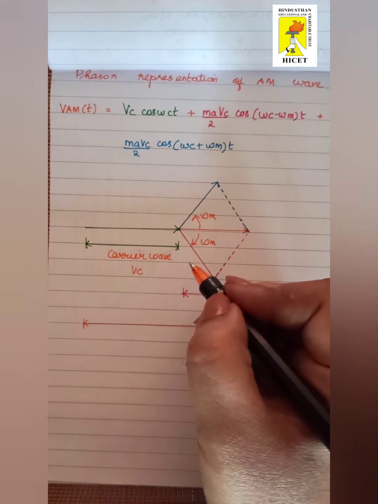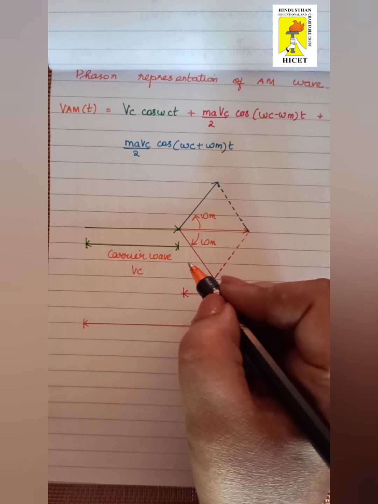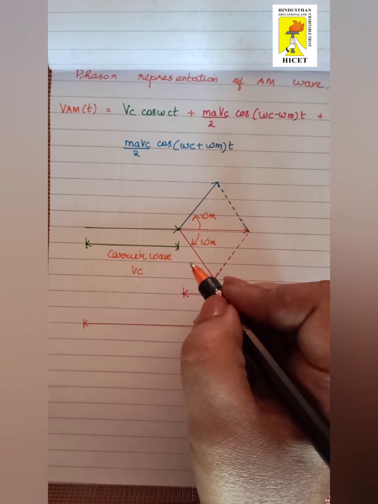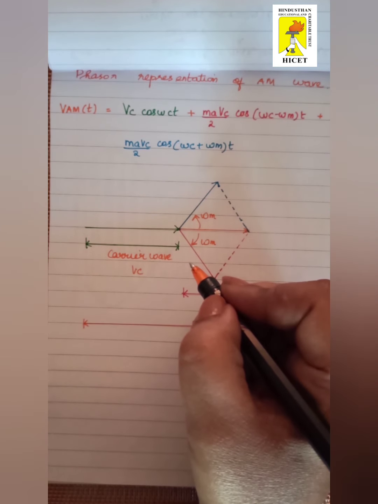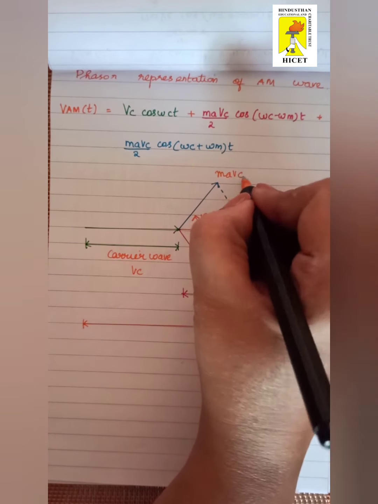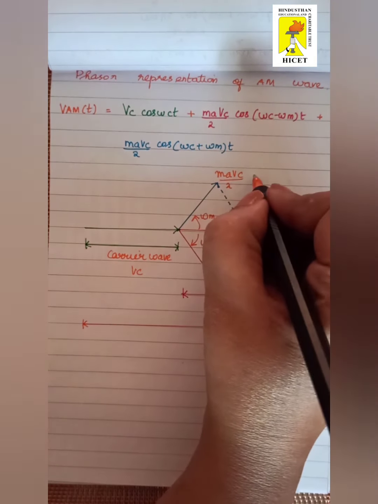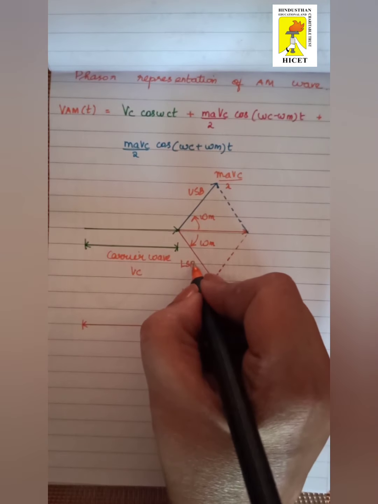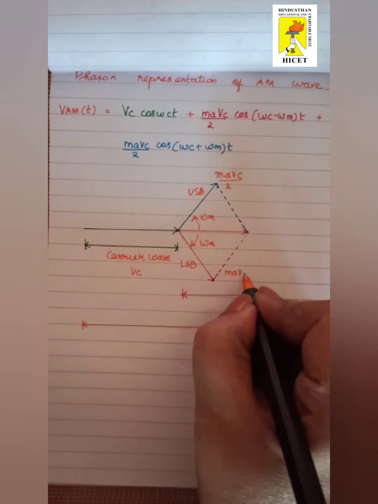The upper side frequency rotates faster than the carrier, and the lower side frequency rotates slower than the carrier. The amplitude of the upper sideband is given as Ma Vc by 2, and the amplitude of the lower sideband is also Ma Vc by 2.